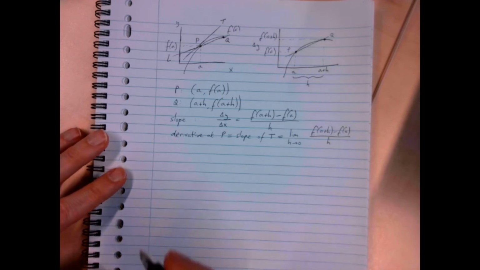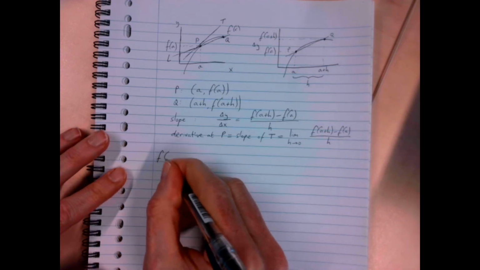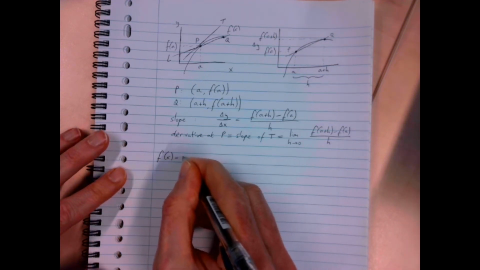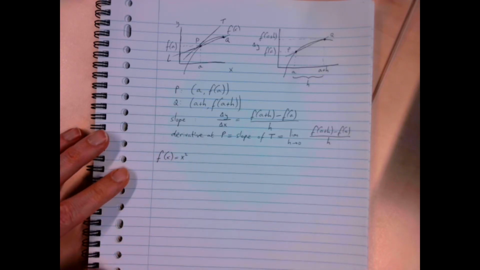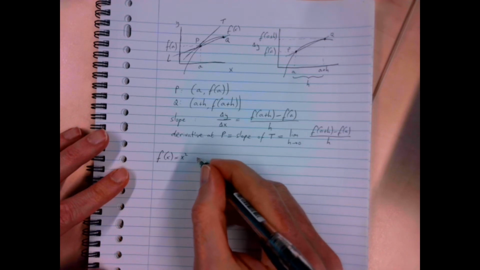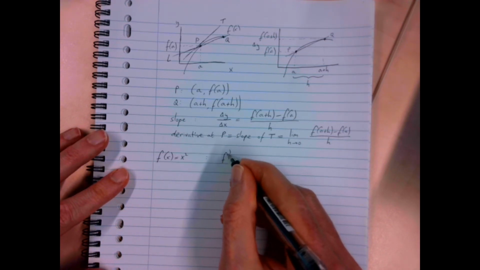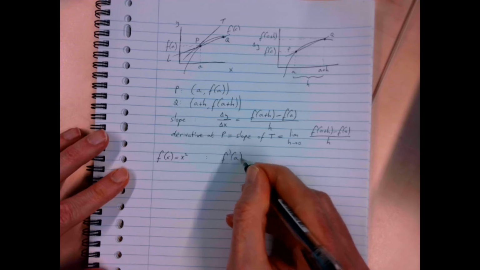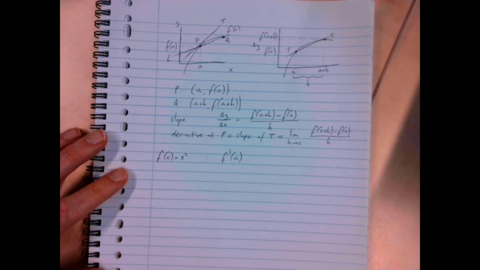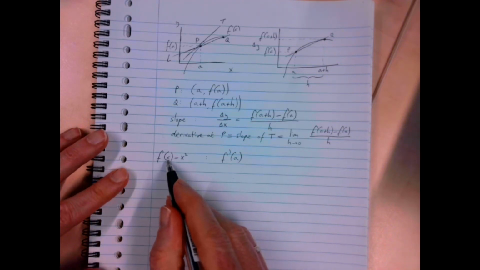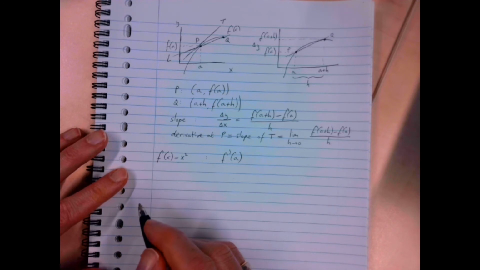So suppose indeed the function f of x in particular would be x squared. Now I want to compute at the point a the derivative f prime at some given x equals a. So f prime, again, that's the derivative at the point a, if I take as my x-coordinate the number a.